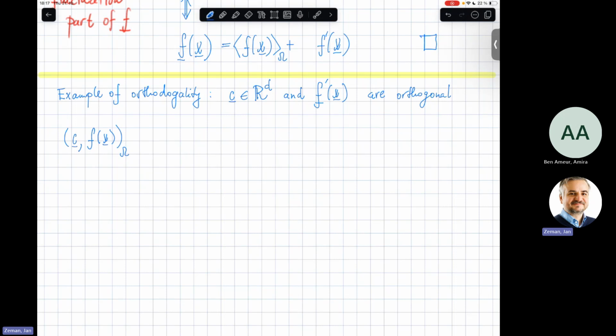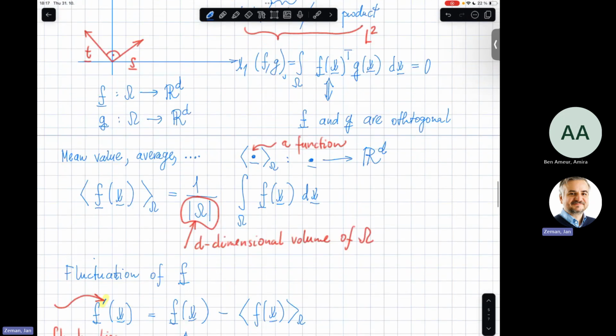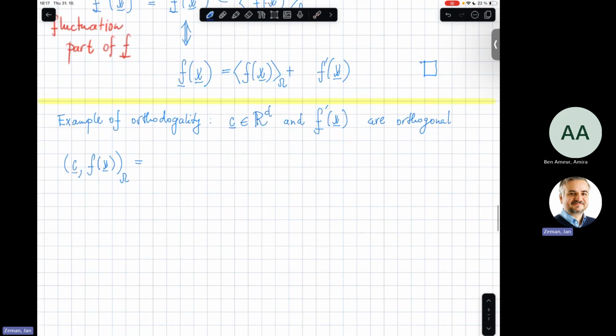If you just remember what this was previously. Sorry, here I forgot to indicate that I have this omega. So this was the definition, if you recall. So what I'm now saying is that this is an integral with respect to omega, just to pretend that I'm a very well organized person. I will just scale it by 1 over omega.